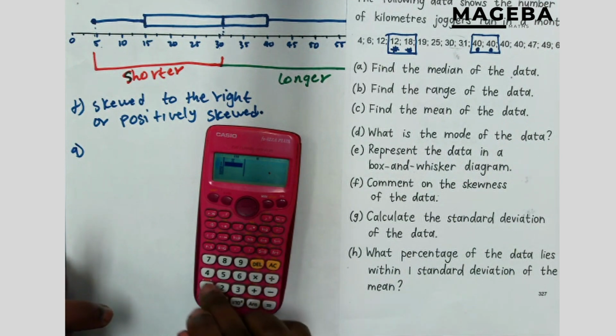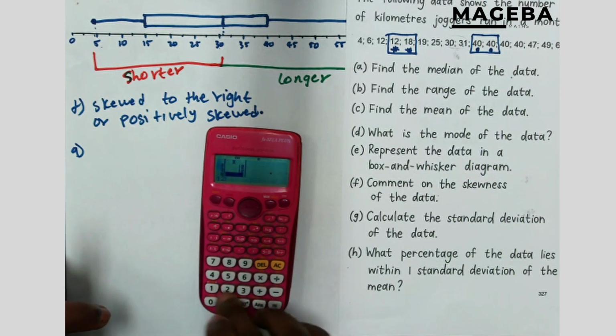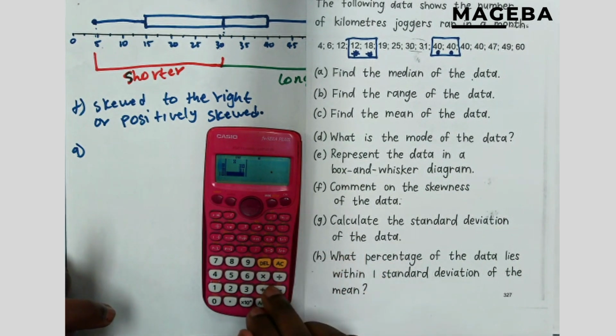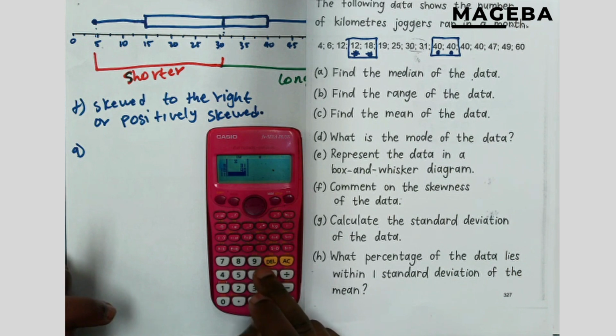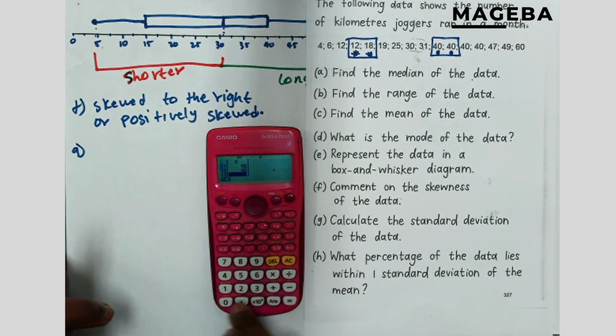So now let's put in our data: 4, 6, 12, 12, 18, 19, 25, 30, 31, 31, and then 40, another 40, another 40, another 40, then 47, then 49, and then 60.